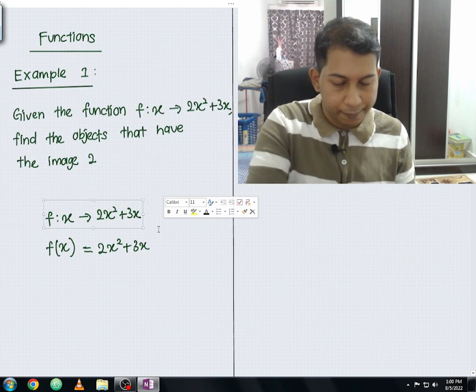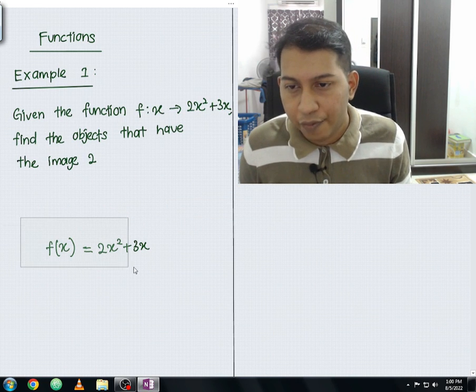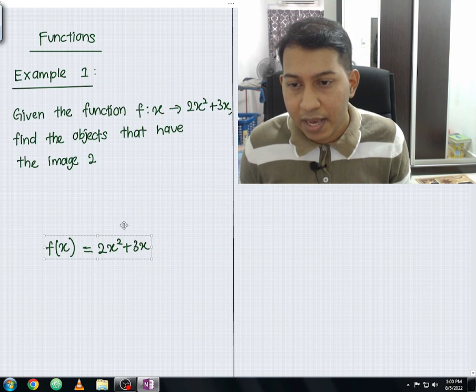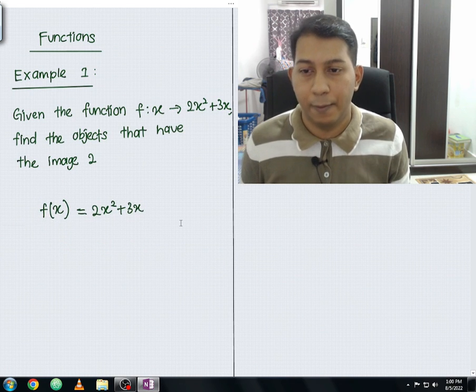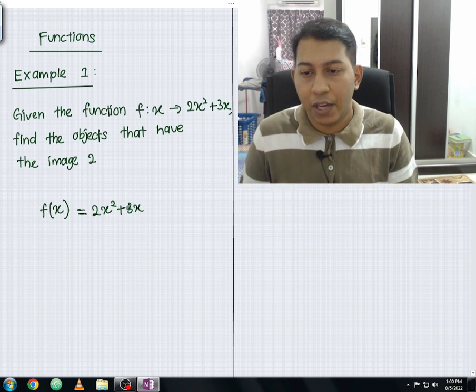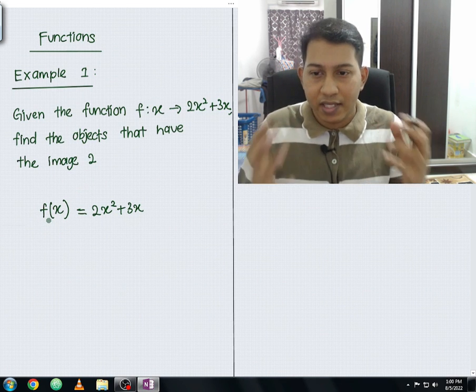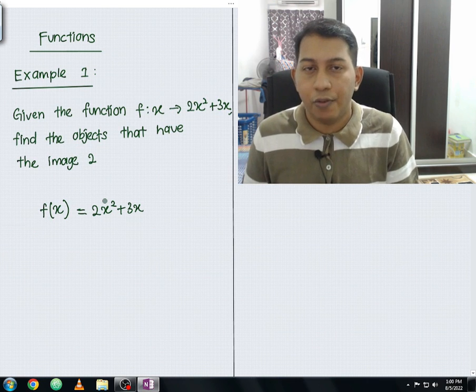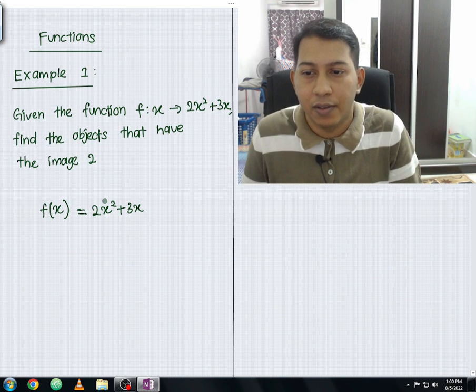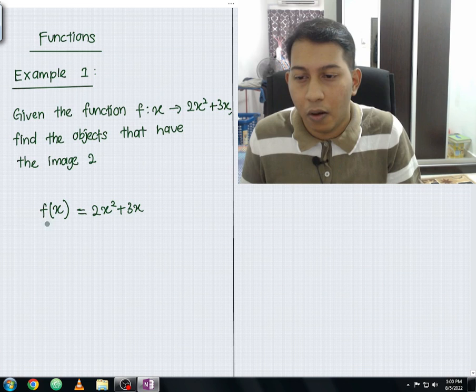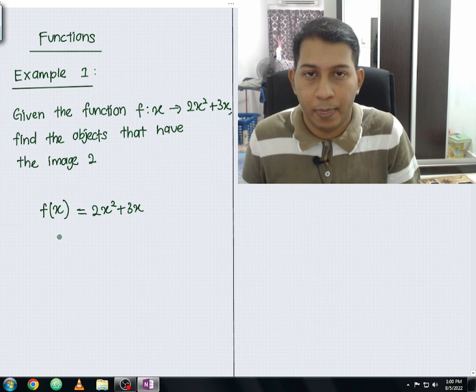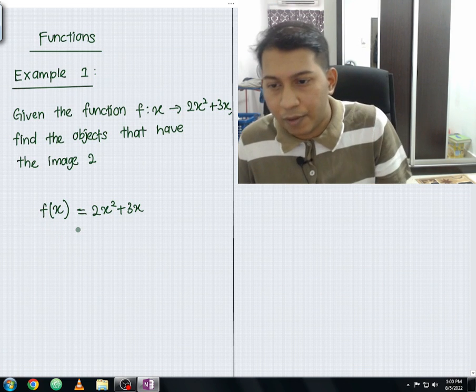From here, the question asks to find the objects that have the image 2. So you need to find the object, and the question already gives us the image 2. In this function, what is the image? Is it the x or the f(x)? Let me teach you from here.